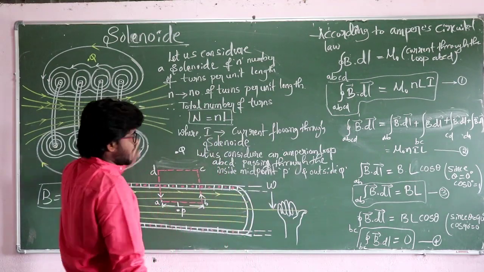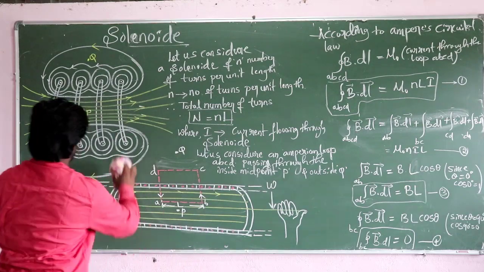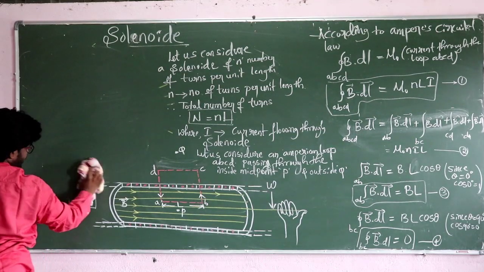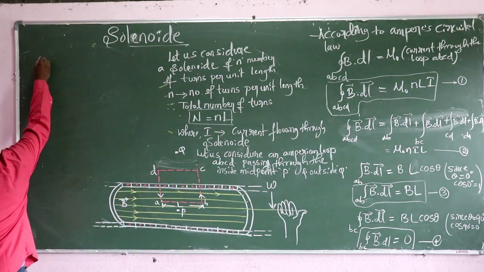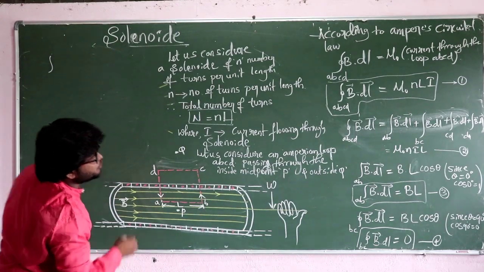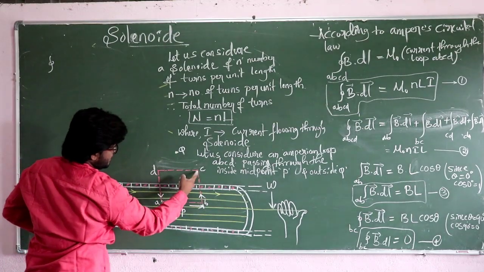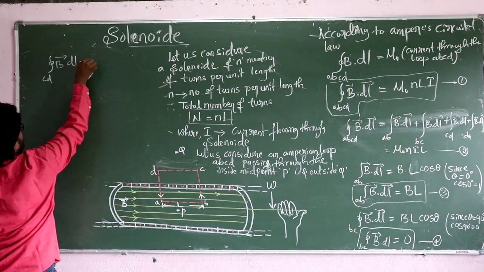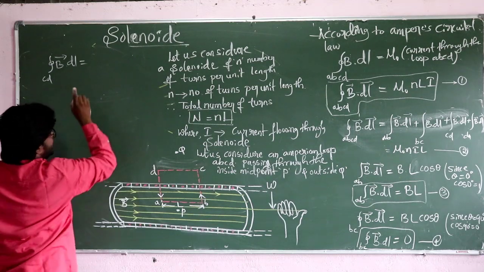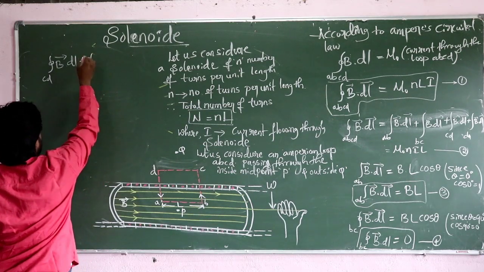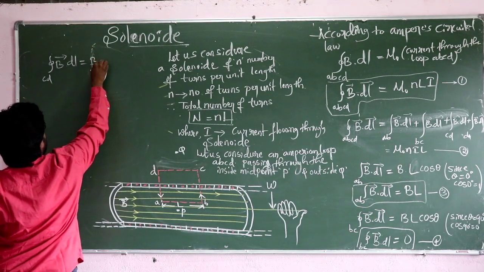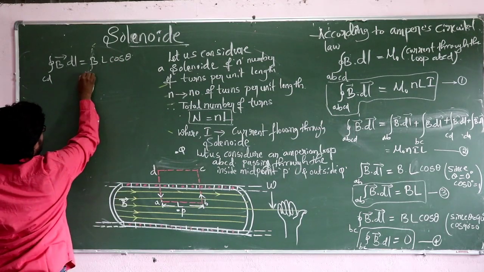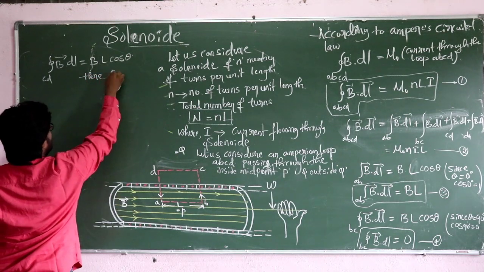Okay, next, the line integration of CD. Integration of CD of BDL is B into L cos theta, but here B is equal to 0.